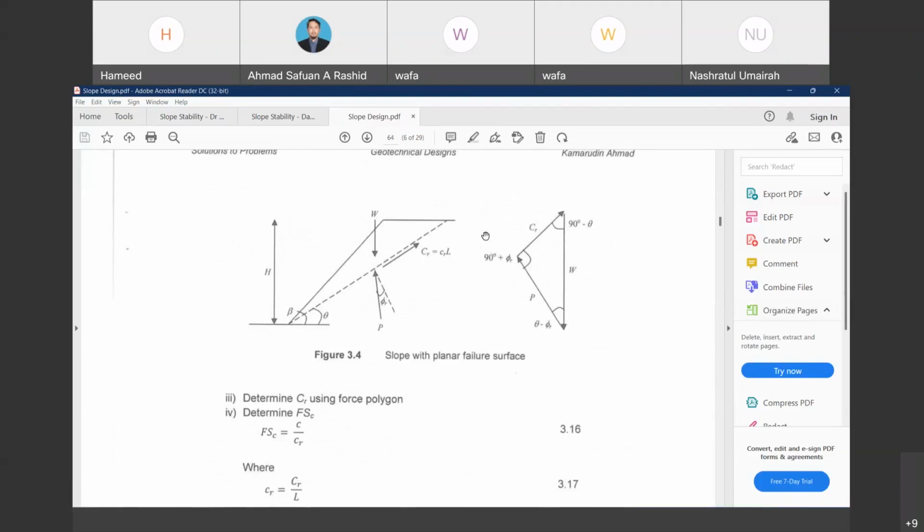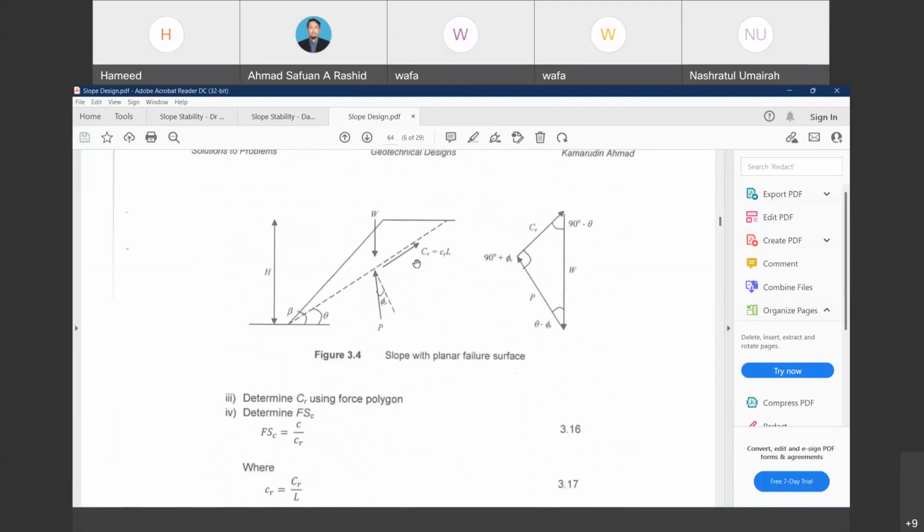failure pattern, however, a different type of solution. So this is the potential failure plane. This is the block of failure.